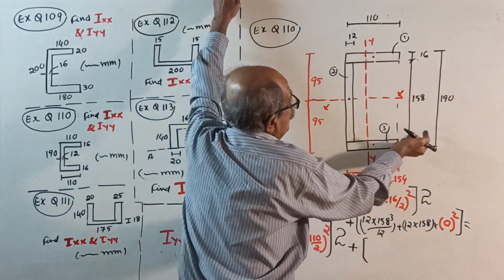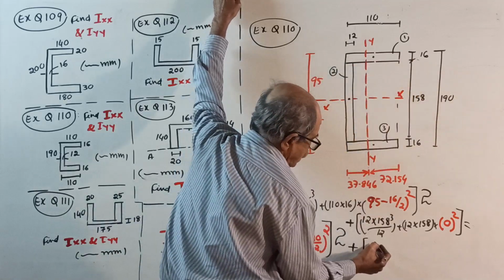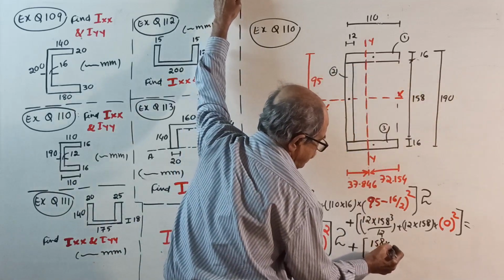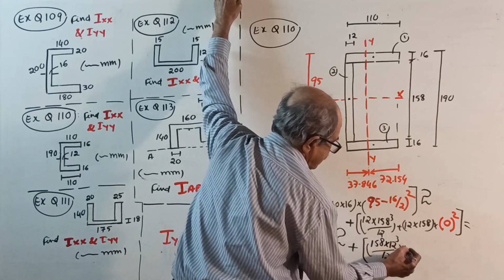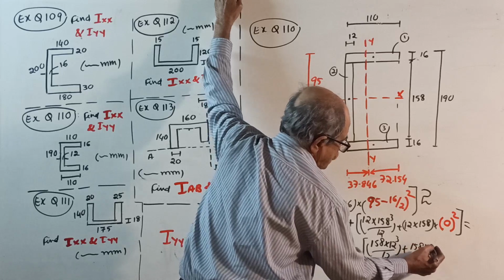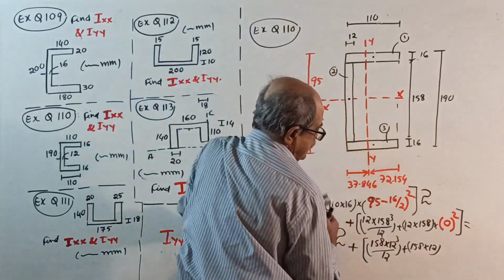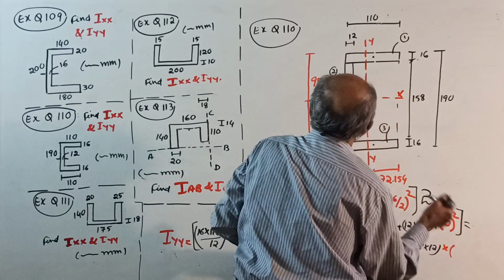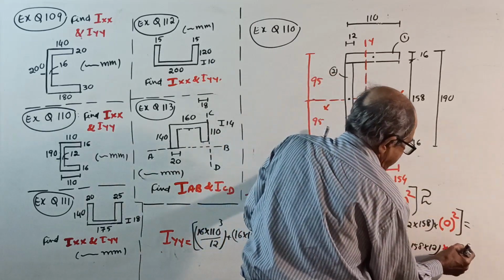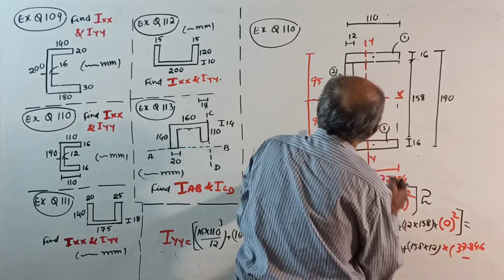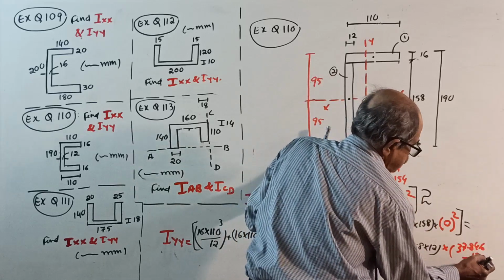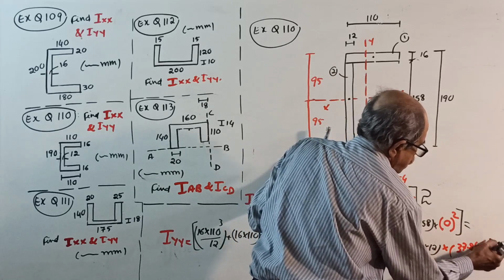IYY: 158 into 12 cube by 12, that is 158 into 12 cube divided by 12, IG, plus area. 158 into 12 is the area, into 37.846 minus (12 by 2) whole square.